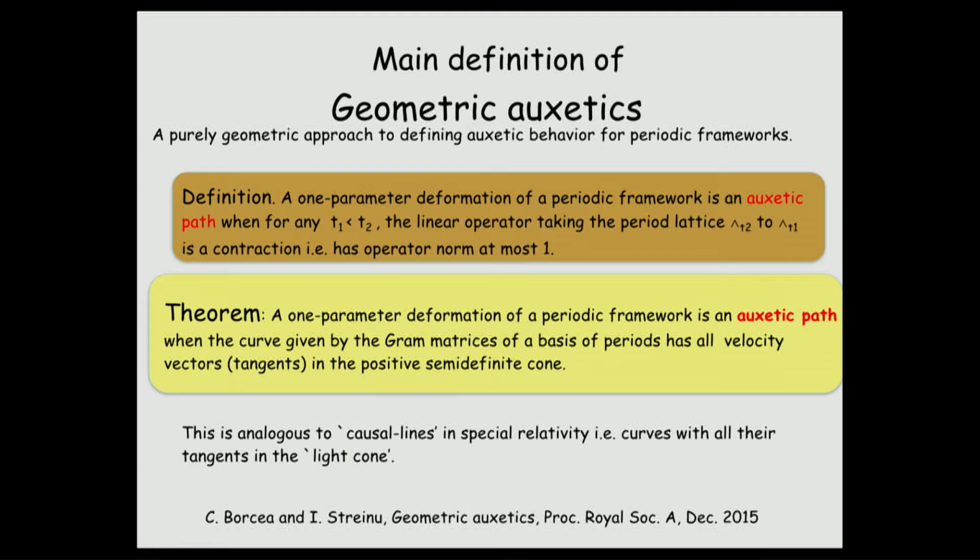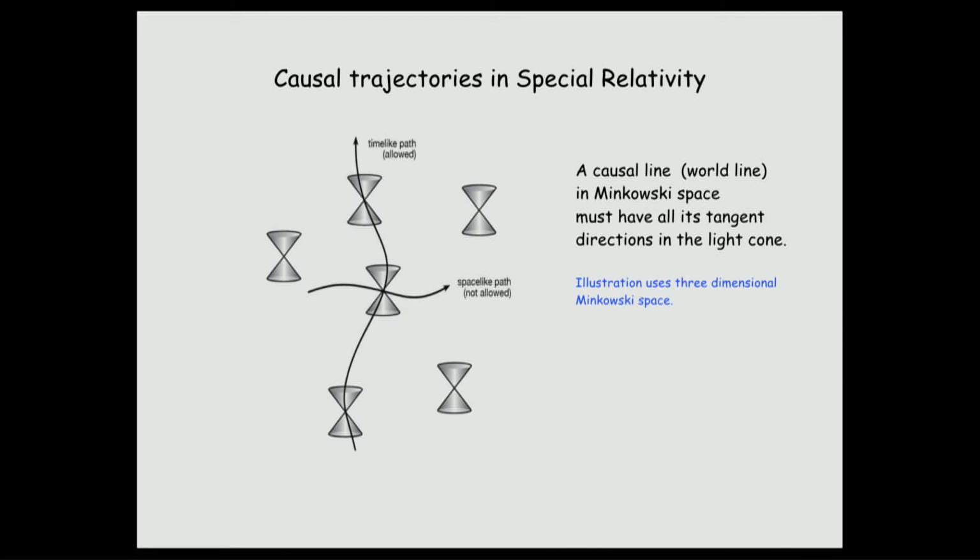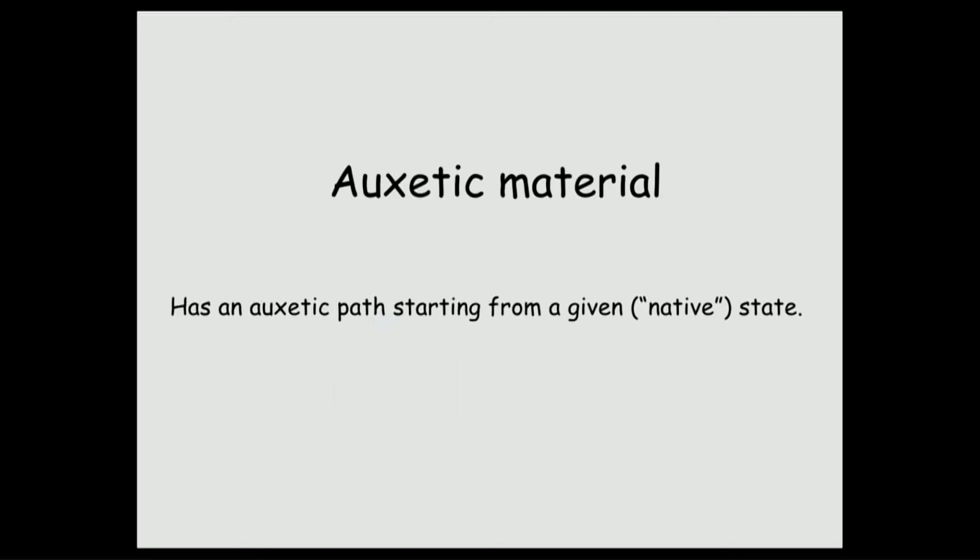And final thing I wanted to tell you is that expansive is a very strong condition. Auxetic may not need that strength. And here we have 3 definitions of auxetics. One of them actually is very similar to causal lines in relativity, but it's just a coincidence.